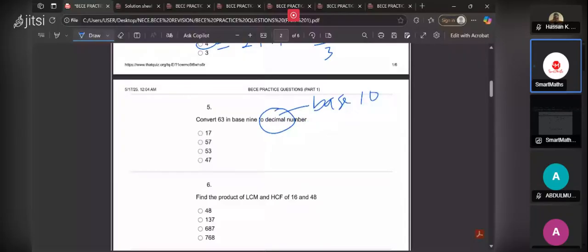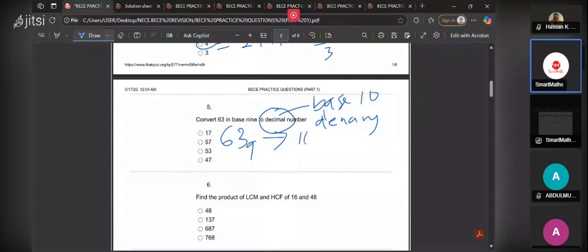Or denary. Denary is also base 10. If you are asked to convert to denary, base 10, or decimal, they mean the same thing. So they are saying 63 base 9, you have to convert it to base 10.